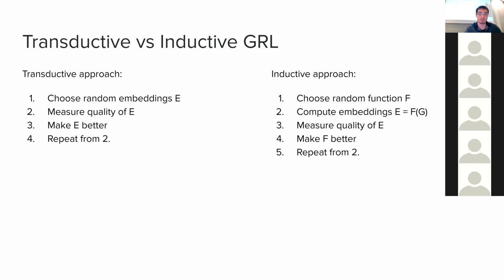So transductive approaches provide you directly the embeddings and do not generalize very well to nodes they didn't see, while inductive approaches can generalize well to new nodes because they can learn a function that can take some features, some patterns in the features or in the neighborhoods and use them to build the embeddings for you.